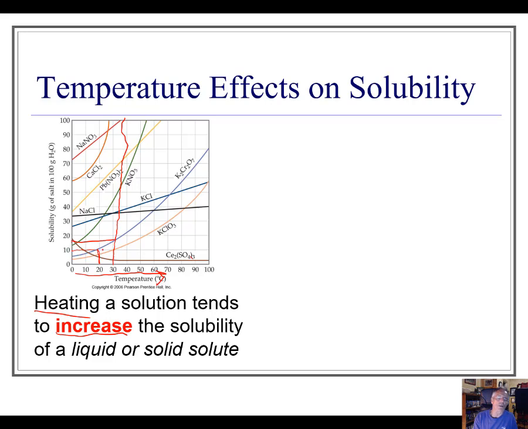Well, in that situation, since I have more potassium dichromate dissolved at 20 degrees than should otherwise be able to be dissolved at 20 degrees, that solution would be supersaturated.